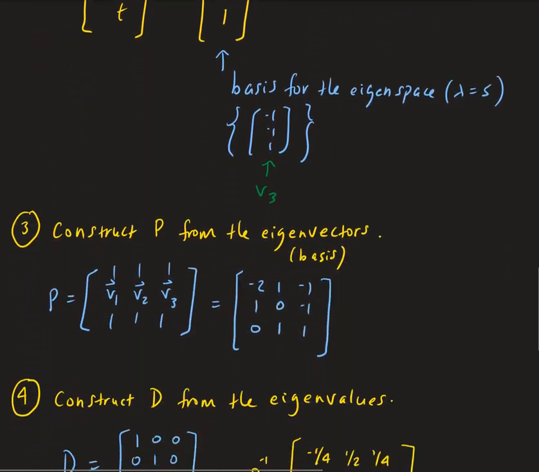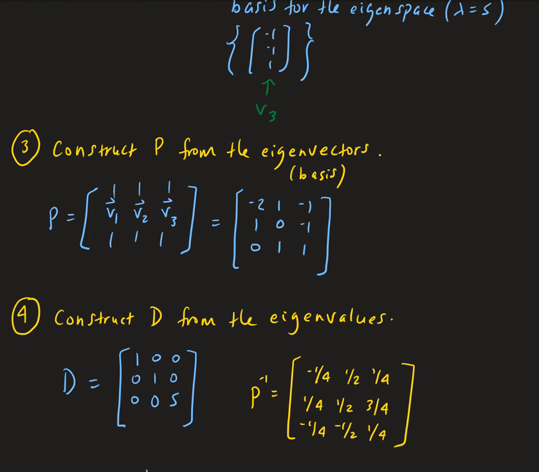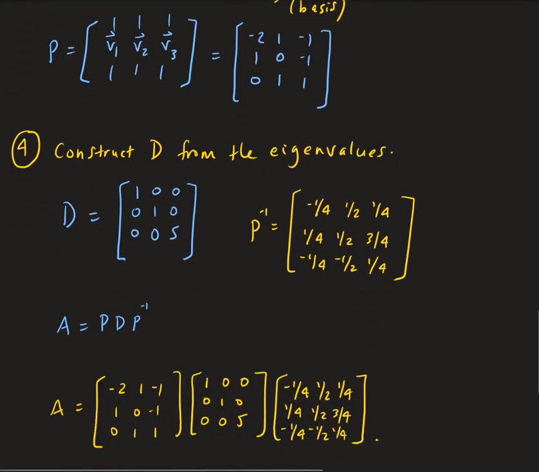You have to keep track of your columns, because if you switch the columns here, then you have to switch the columns for D. There should be a correspondence between the eigenvectors and the eigenvalues for your D matrix.